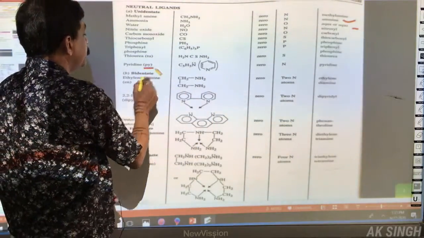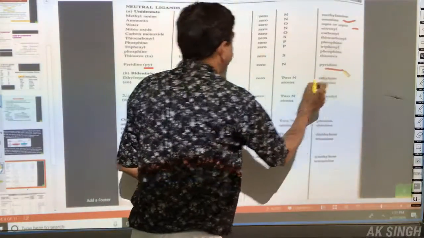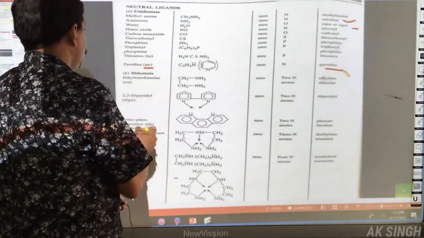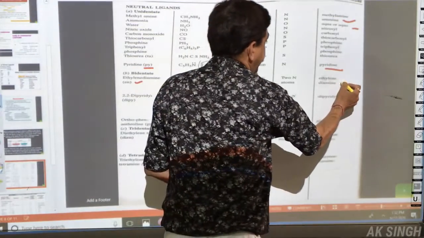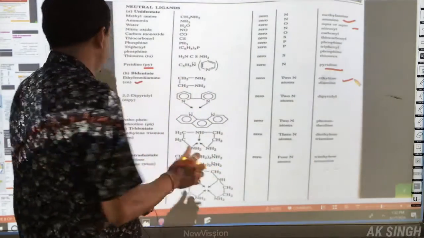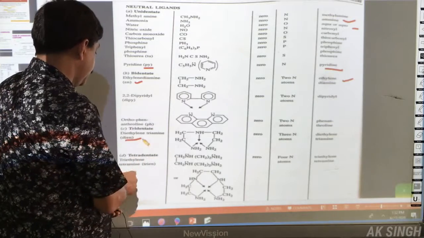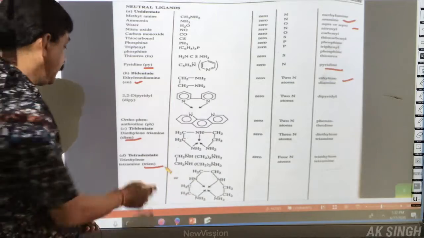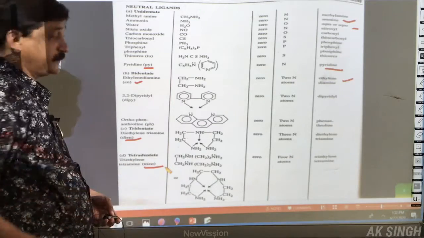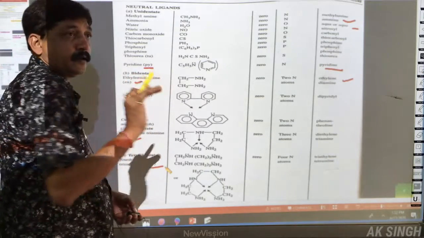Py stands for pyridine. This is the formula, pyridine. En, ethylene diamine, represented as en. Then dien, diethylenetriamine, and trien, triethylenetetraamine. So this is tridentate, bidentate.